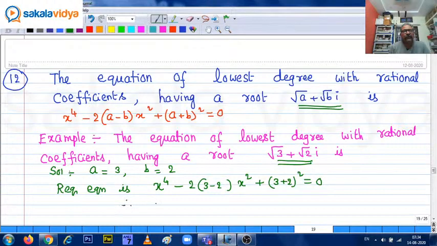So therefore x to the power of 4 minus 2x square plus 25 equals 0.